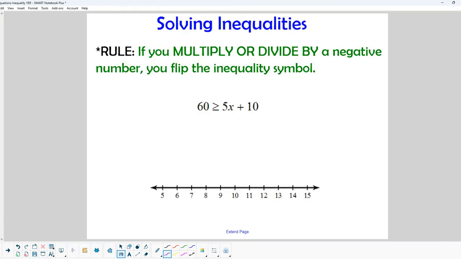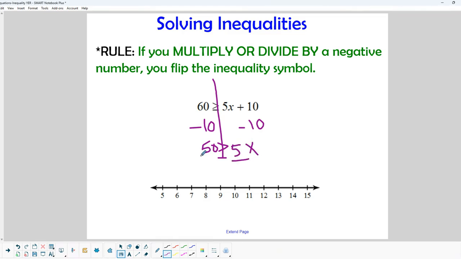All right, here's one that's a little bit bigger. So let's go ahead and solve it. It's just like a two-step equation. So we've got to remember the Great Wall of China. We're going to subtract 10 from both sides of this Great Wall, and we're going to get 50 is greater than or equal to 5x.